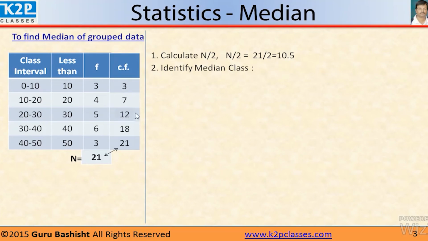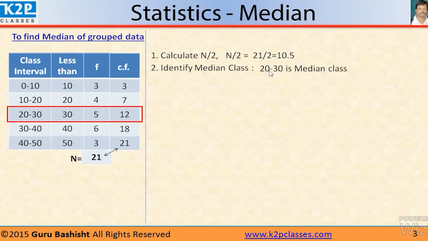So 10.5 will come here, because till the third row there are 12 students. That means the middle one will be in the third one. So 20 to 30 is the median class.